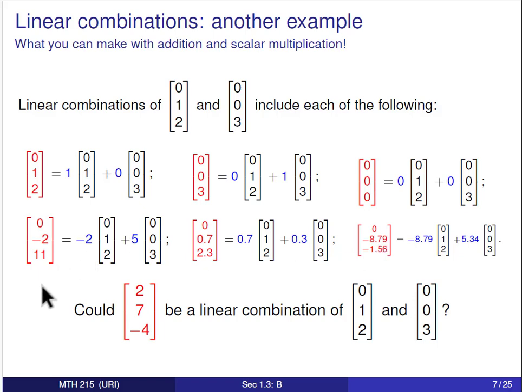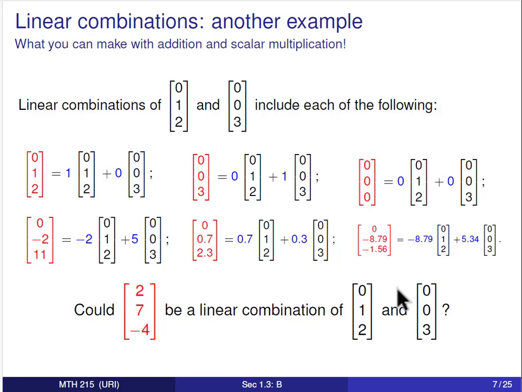So now a question that seems kind of natural to ask is this. Given all the different variety of vectors possible to make from (0, 1, 2) and (0, 0, 3), you might choose a specific vector like (2, 7, -4). Could (2, 7, -4) be a linear combination of (0, 1, 2) and (0, 0, 3)? Now, there are technical ways to answer this, of course, but as you compare these two vectors on the right with the result, you'll see that that first coordinate is going to give us trouble.